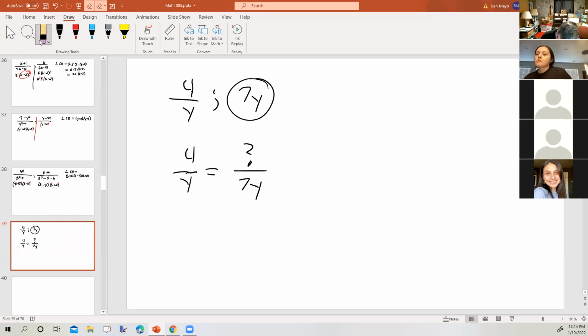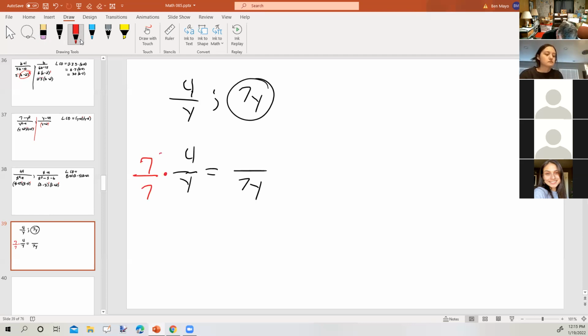So what do I need over here in the denominator to multiply by y to get 7y? 7. Therefore, what must I do to the numerator of that same fraction? What goes in the numerator? A 7.